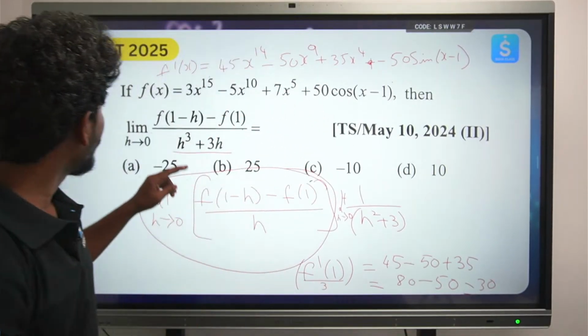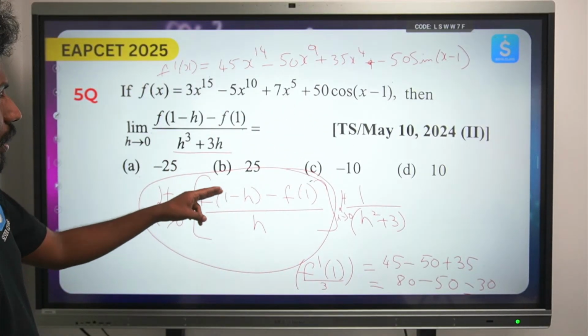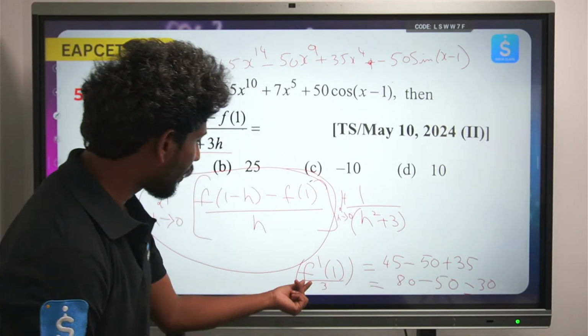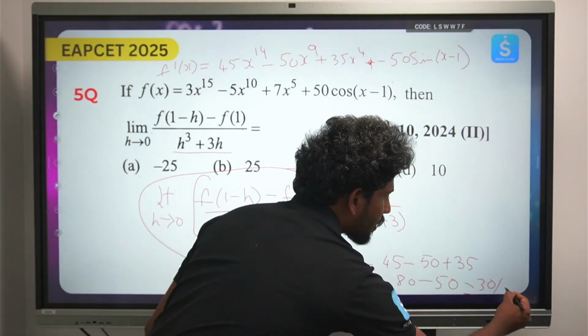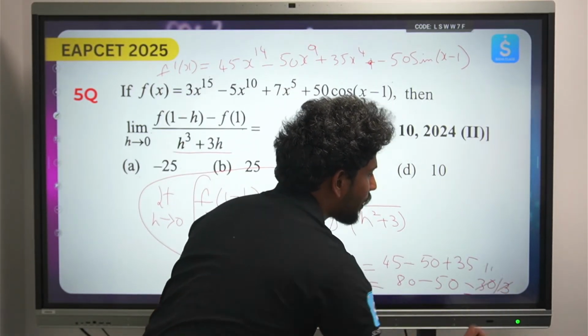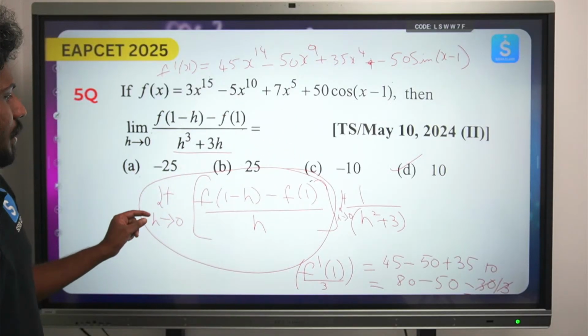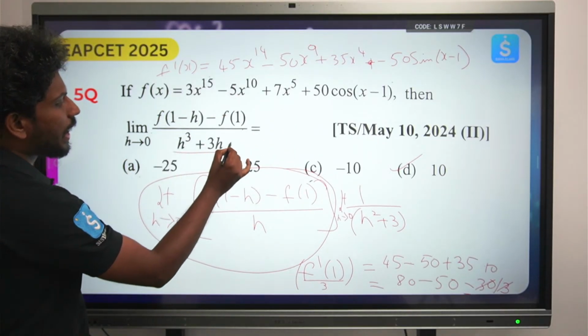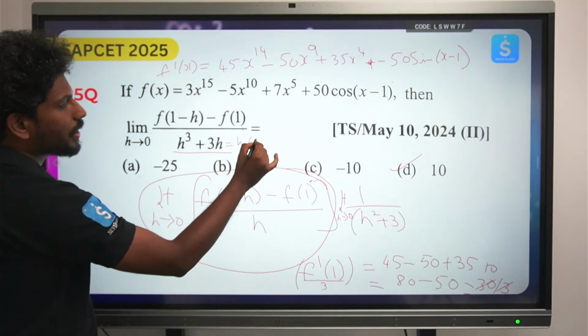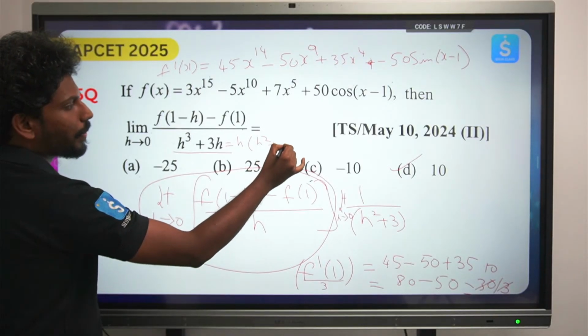Let me recheck my answer once again. 30, and here 30 by 3, so this will become 30 by 3, which equals 10. The option is option D. Again I am saying, what you do here is take h common, and then we have h square plus 3.